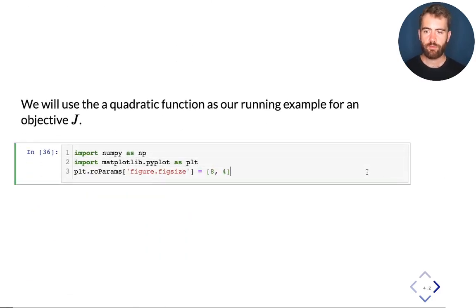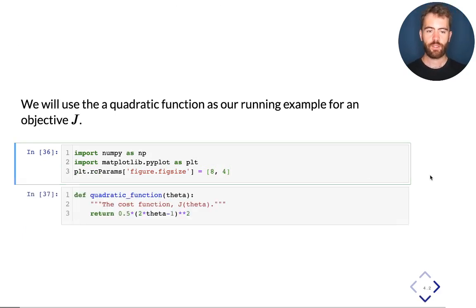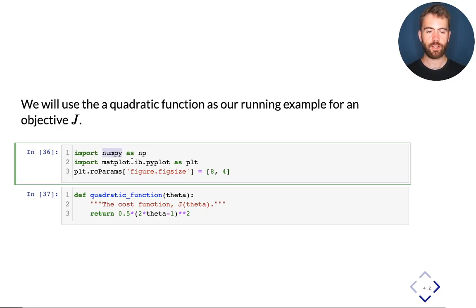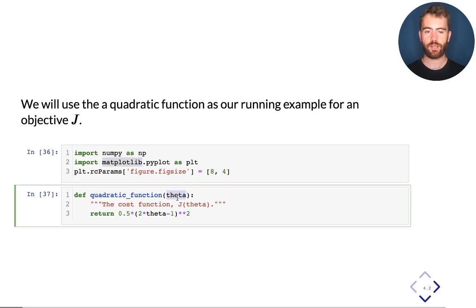In this video, we will use as a running example a quadratic function. Here I am defining what a quadratic function is, and in the first cell I am importing the usual libraries that we're going to use, which include NumPy and Matplotlib for visualization. And here I am simply defining a one-dimensional quadratic function, which is a function of a scalar input theta.